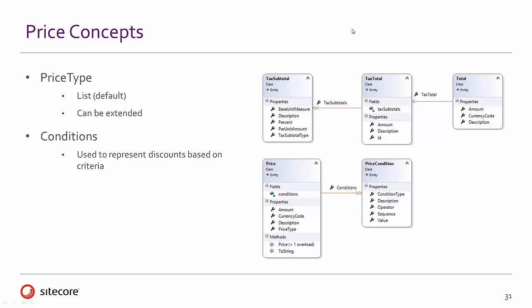Now, one thing that is not covered in the NOP Commerce example is that of conditions. And so there are a number of placeholders around storing the ability to have conditions affecting the final price. So those would be things like grouping. For example, if you have 5 items, you might get free shipping. And so in this case, we have conditions that essentially allow you to store placeholder values.